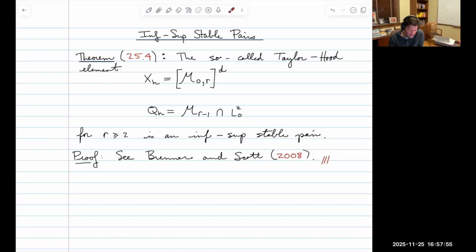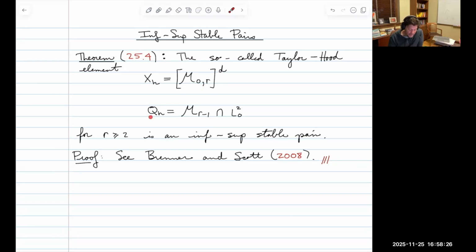So for the Taylor-Hood element, what you do is for the velocity space, you're going to take these spaces M0R. So remember what this space means. It's the piecewise polynomials of degree R that are zero on the boundary. And so this superscript D means that you take every component and require every component of your velocity space to come from this space.